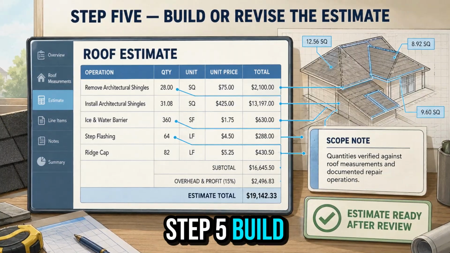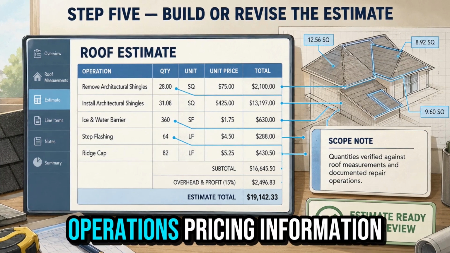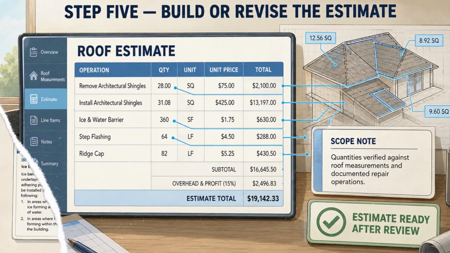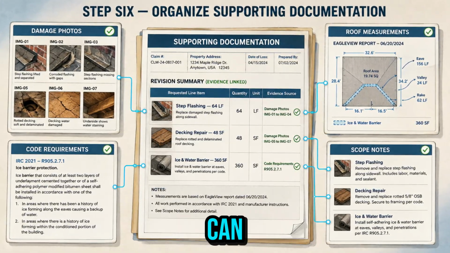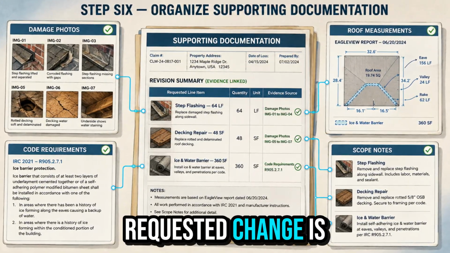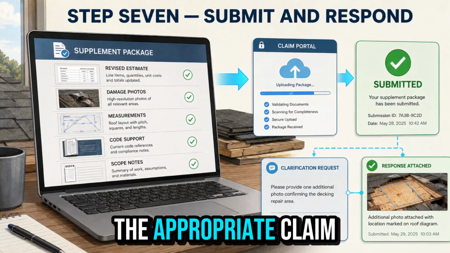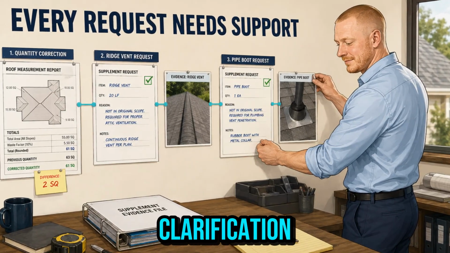Step 5. Build or revise the Xactimate estimate using the appropriate quantities, operations, pricing information, and supporting notes. Step 6. Organize the supporting documentation so the reviewer can understand why each requested change is there. Step 7. Submit the supplement through the appropriate claim process and respond to reasonable requests for clarification.